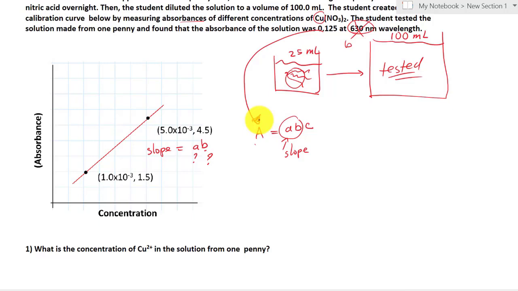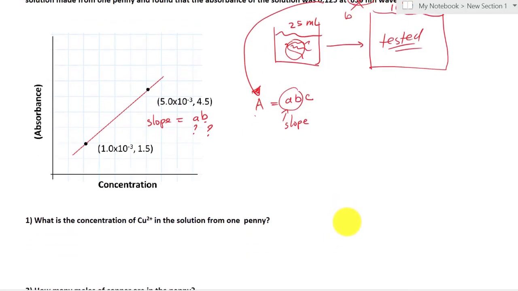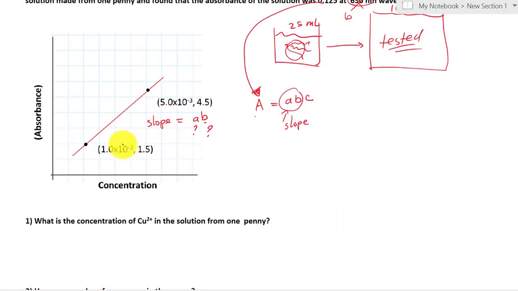Okay, so let's find the slope. Well, to find the slope, we take 2 points, which is given to us, which is the change in y over the change in x. So we have 4.5 minus 1.5 divided by 5.0 e to the negative 3 minus 1.0 e to the negative 3. And this gives us, what do we have?